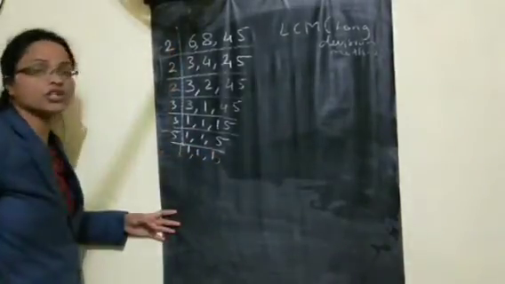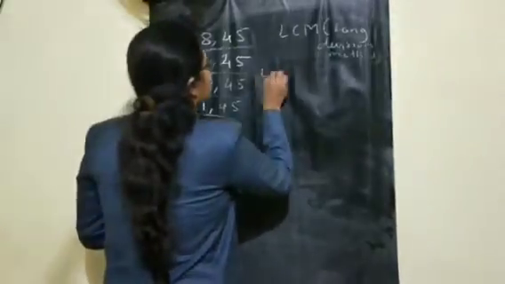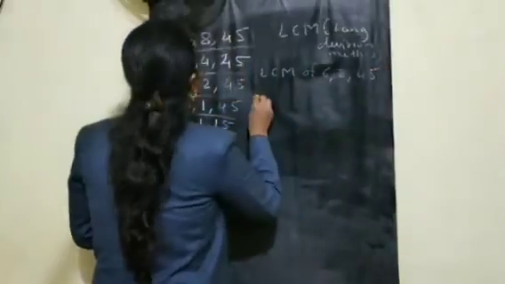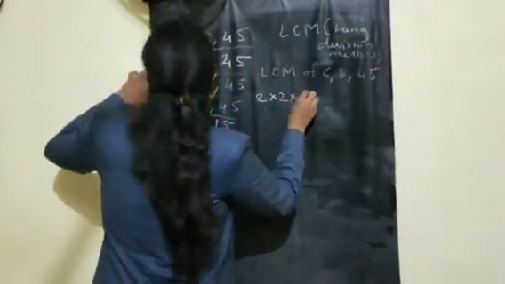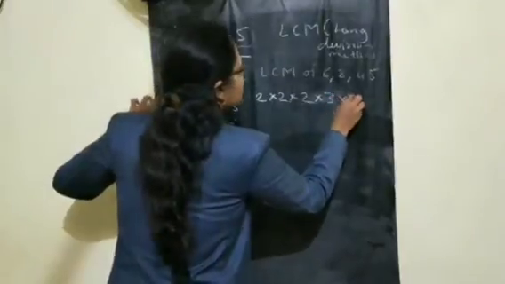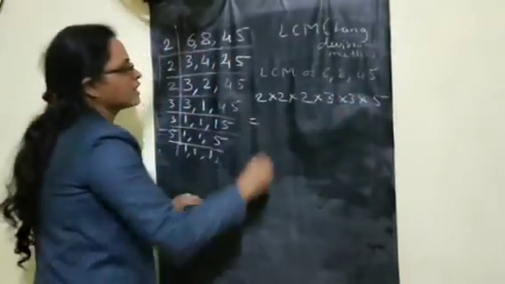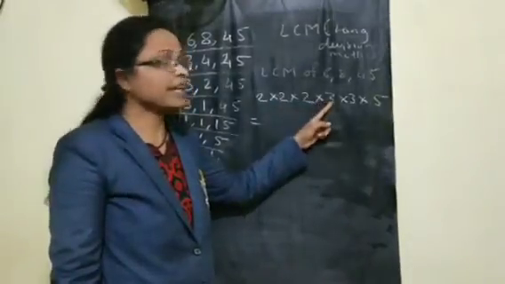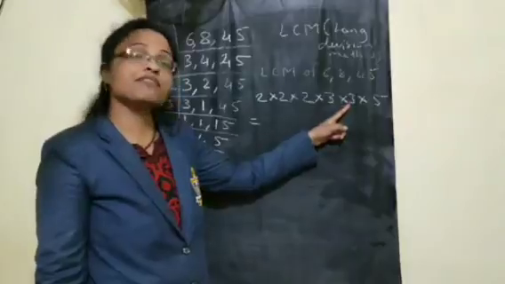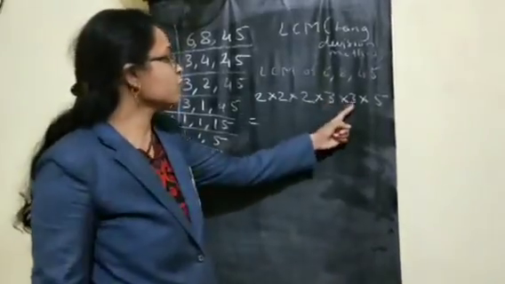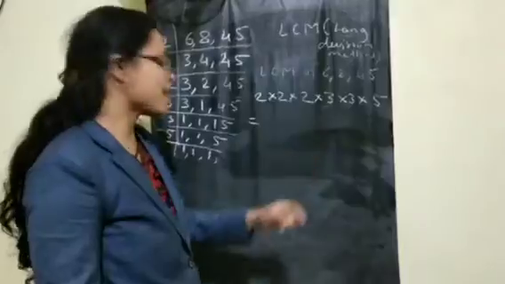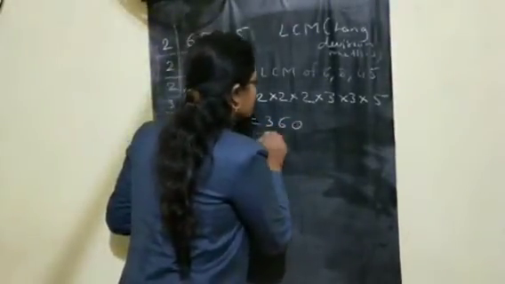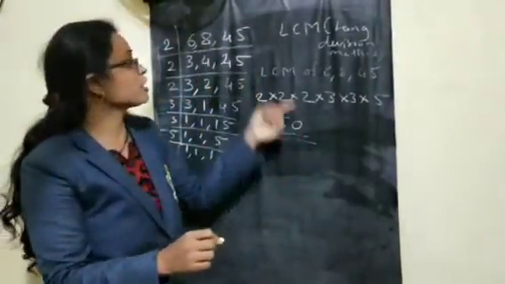Then you have to find the product of these divisors. So LCM of 6, 8 and 45 is 2 multiplied by 2 multiplied by 2 multiplied by 3 multiplied by 3 multiplied by 5. 2 2s are 4, 4 2s are 8, 8 3s are 24, 24 3s are 72 and 72 5s are, children, 360. So you have to write the answer here. 360 is the LCM with the long division method.